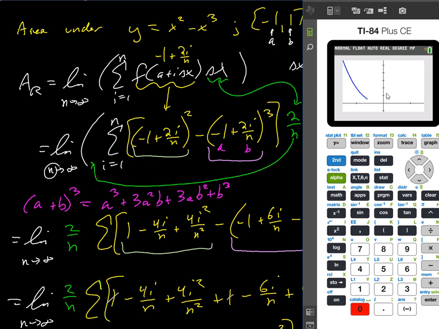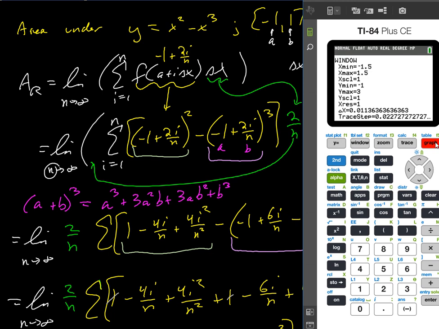So I'll manually fix it: y min be -1 and y max be 3. Let's stretch it out just a little so you can see it better.